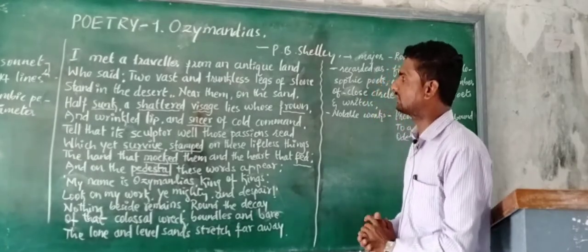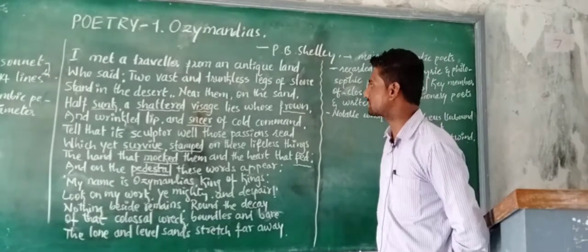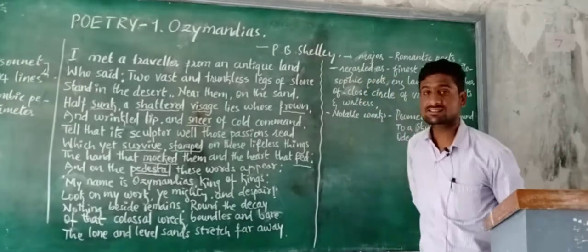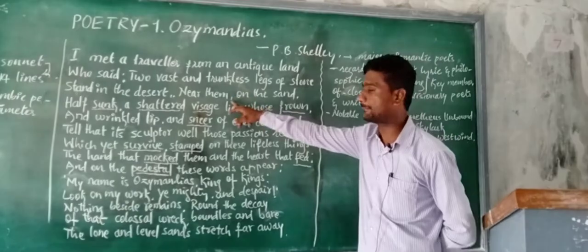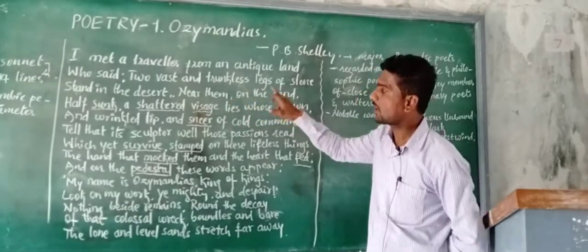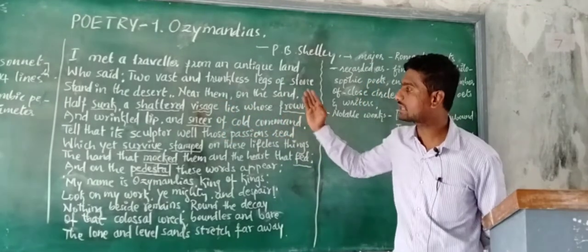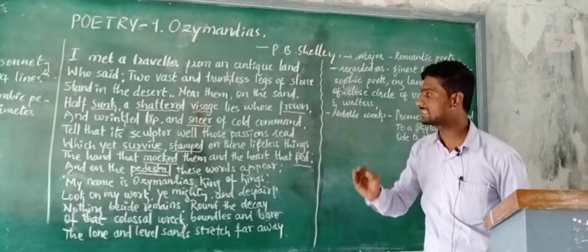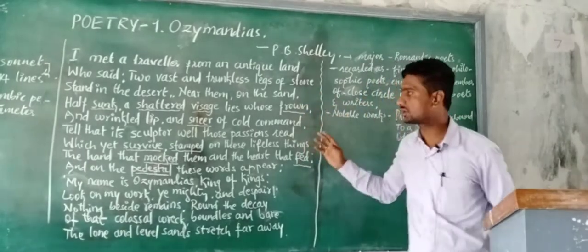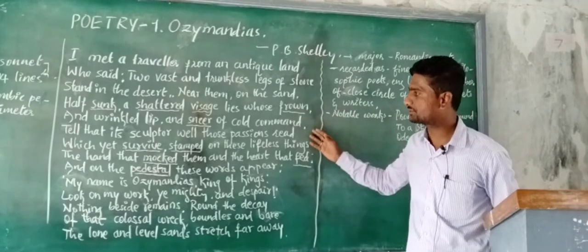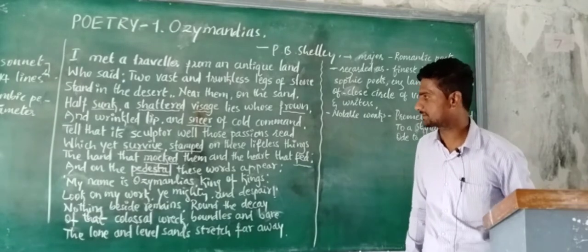I met a traveler from an antique land who said, two vast and trunkless legs of stone stand in the desert. Near them, on the sand, half sunk, a shattered visage lies, whose frown and wrinkled lip and sneer of cold command tell that its sculptor well those fashions read which yet survive, stamped on these lifeless things.